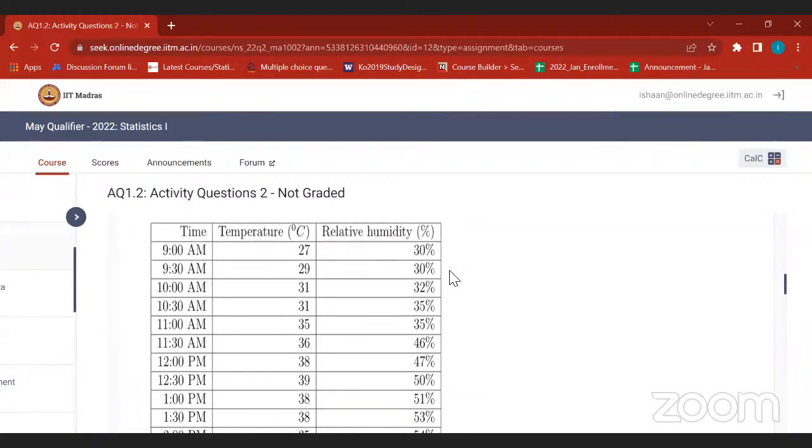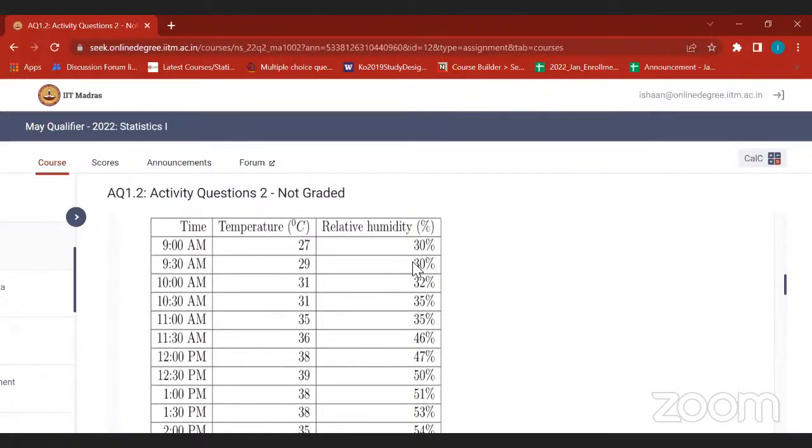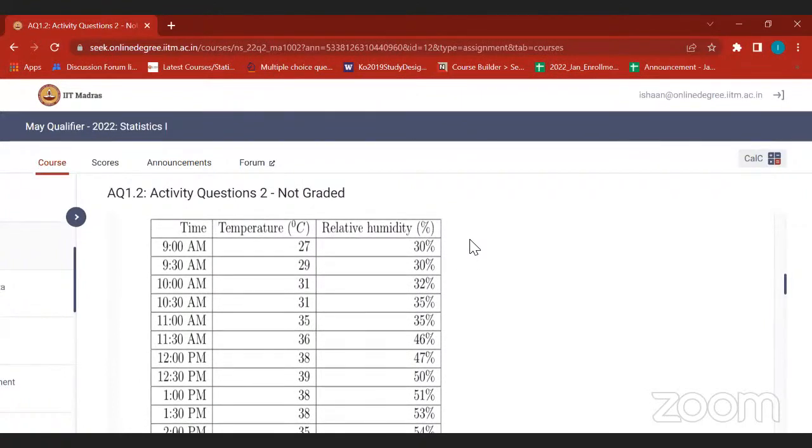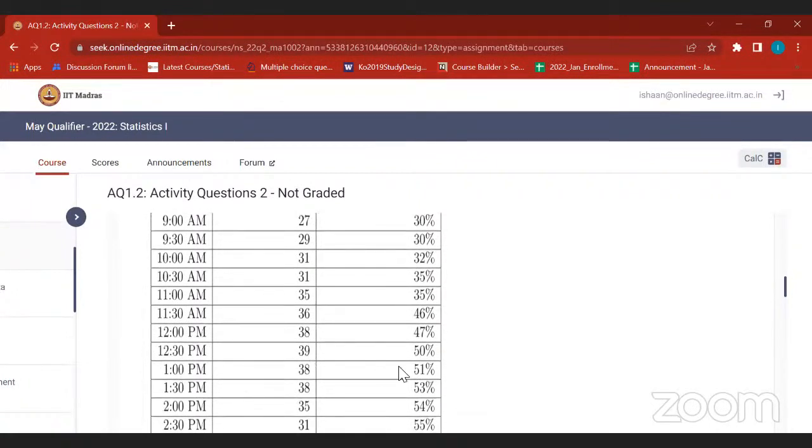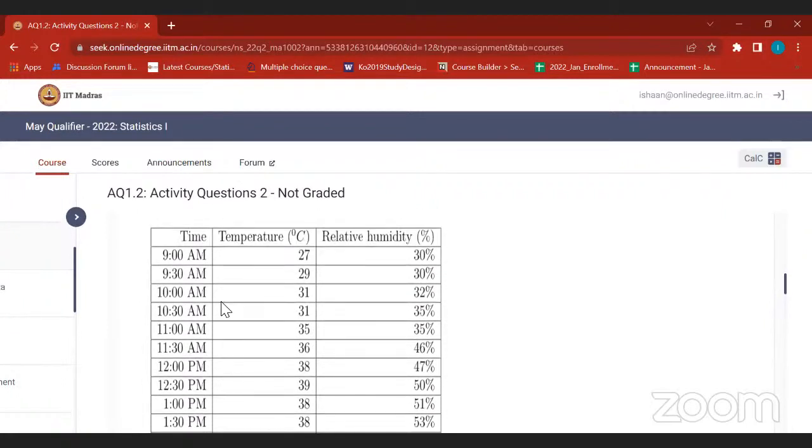If I say 30% relative humidity, then I am not sure whether I am referring to row 1 or row 2. So it is not a case. But if I say 10 a.m., you know exactly that I am talking about the third row only. If I say 1 p.m., we know that we are talking about this row only. So cases are what uniquely identify each row.